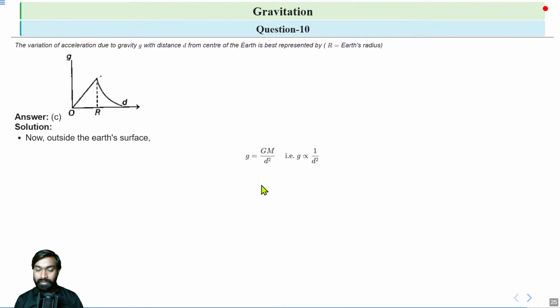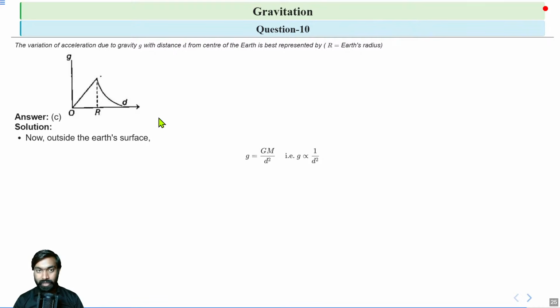So from this relation it is clear that acceleration due to gravity is inversely proportional to d square. So look here, this is the inversely proportional graph. So inside it is directly proportional, so the graph will be linear, and outside g is inversely proportional to d square, so the graph will be exponential decay like.